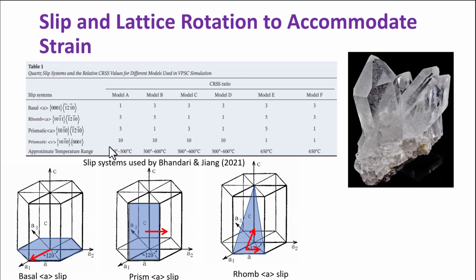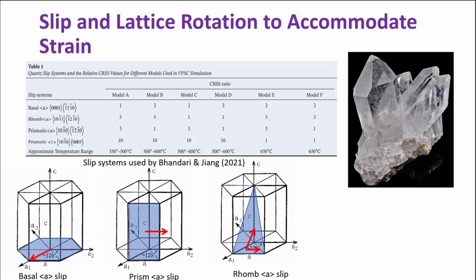For instance, at a relatively low temperature, the basal A slip system is the weakest system. At higher temperatures, easier slip systems are prism A or prism C slip systems. People have assigned different relative CRSS to represent the relative activity of different slip systems.